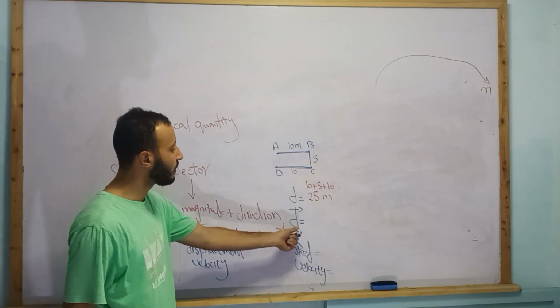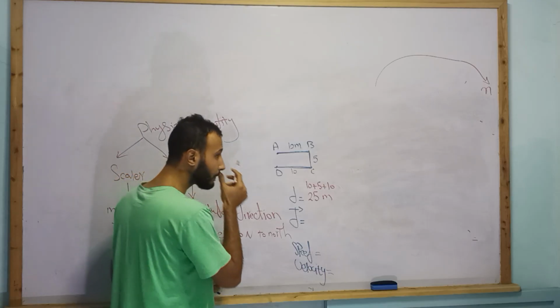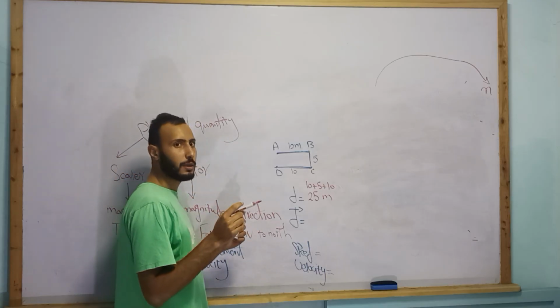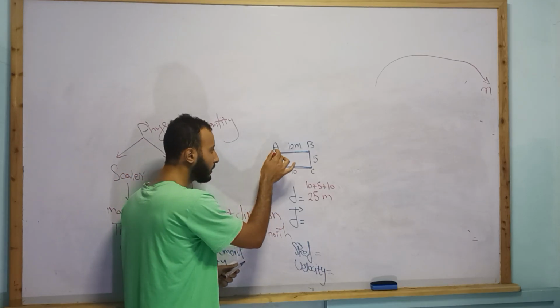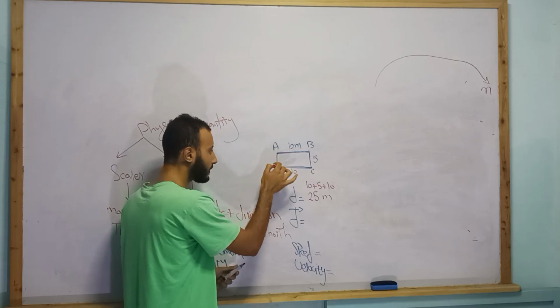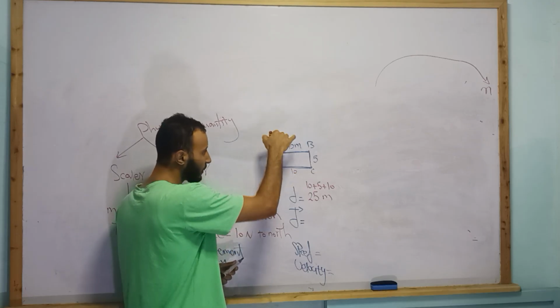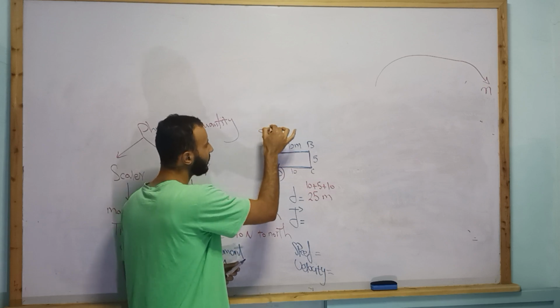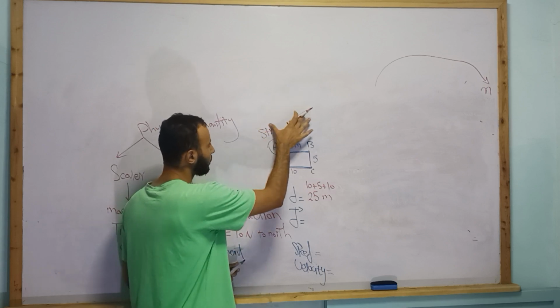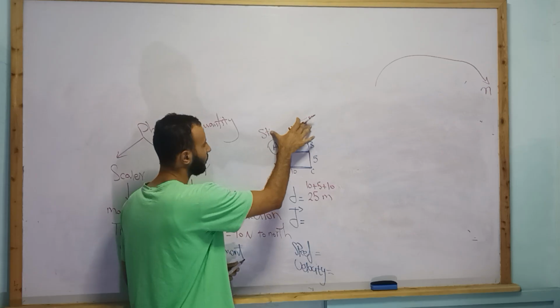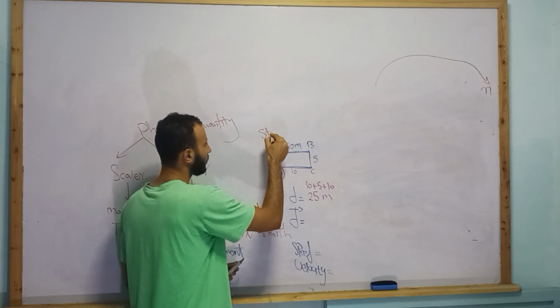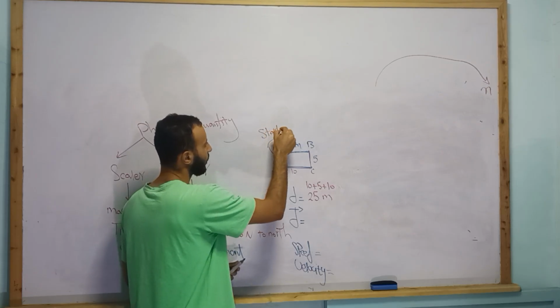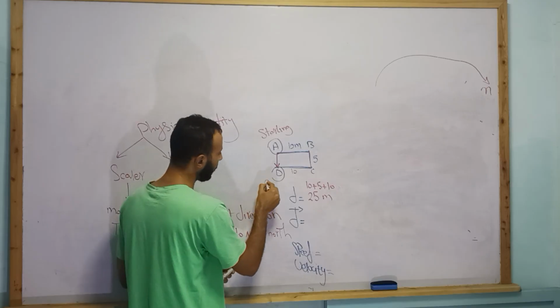Let's get to the displacement. Displacement is the straight line from the starting point to the ending point, like this. From the starting point, which is A, to the ending point, which is D. Starting to ending.